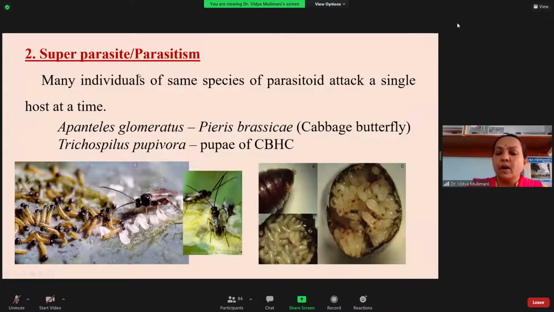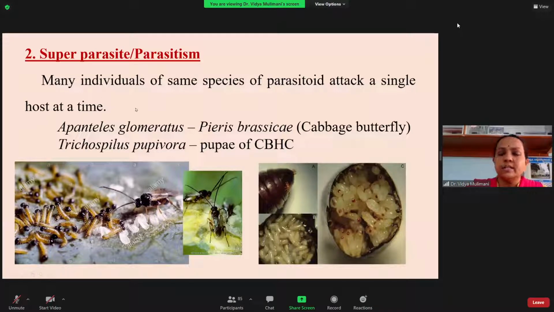The next one is superparasitism. Many times students get confused between super and multiple parasitism, which I will cover next. What is superparasitism? Superparasitism means many individuals of the same species attack the host at a time.